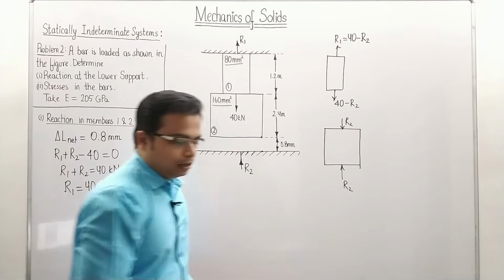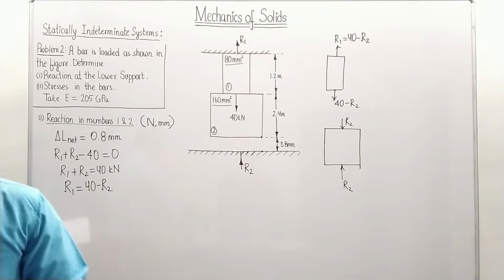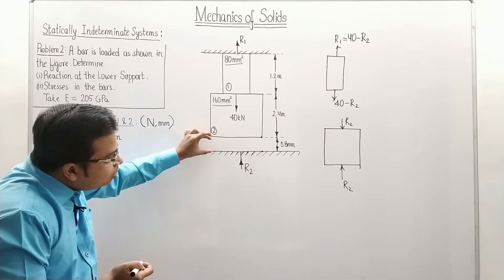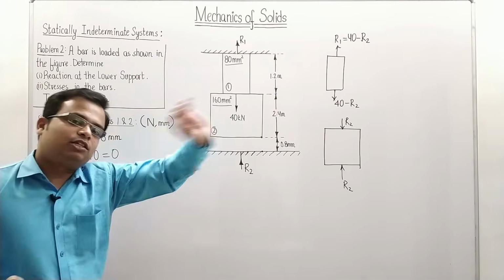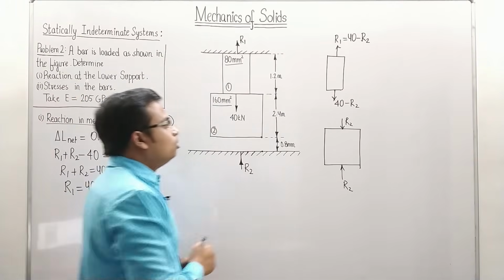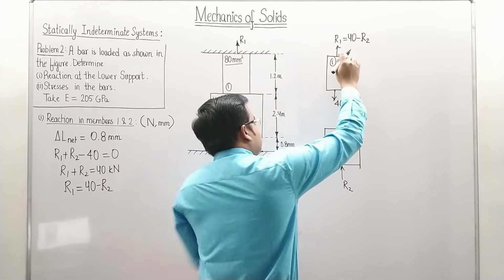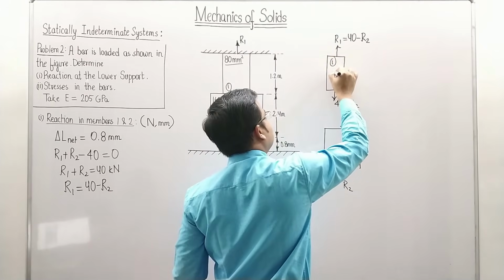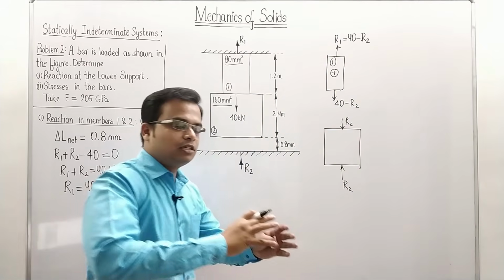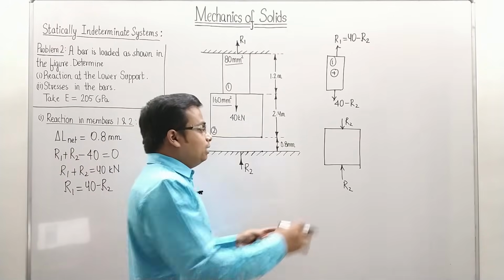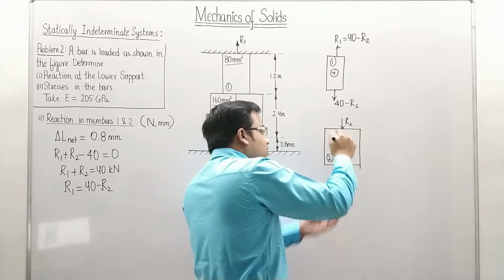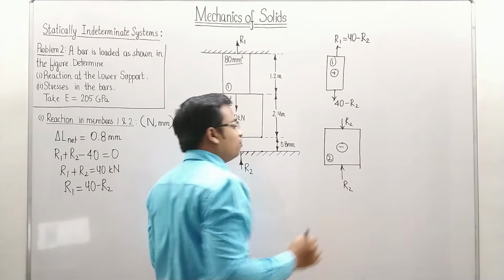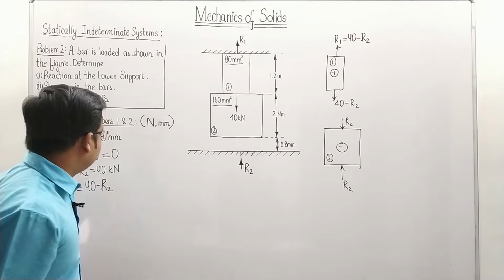Now guys, if you watch carefully, the total deformation, the total elongation taking place, is going to be equal to 0.8 millimeters. That is for sure. And we also know that member 1 will be under tension. That means a positive deformation, the length is going to increase. And member 2, since it is under compression, will undergo a negative deformation, the length is going to decrease.